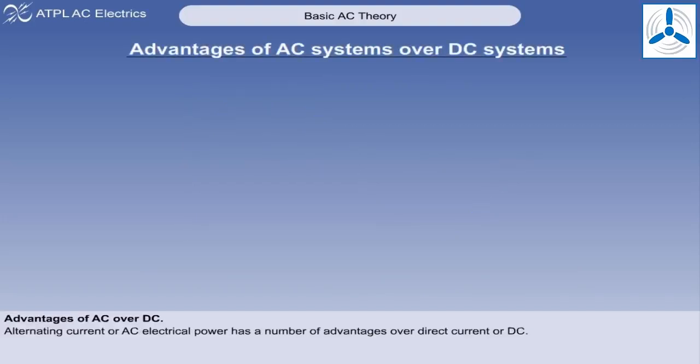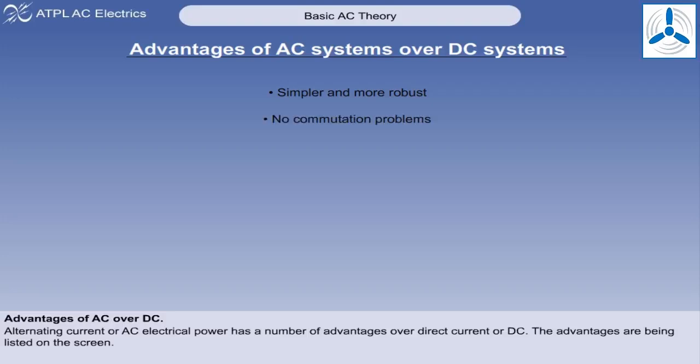Alternating current, or AC electrical power, has a number of advantages over direct current or DC. Some of these advantages are self-evident, but others will become clear as you move further into the subject. AC generators are simpler and more robust in construction than DC machines, because they do not have commutators, and only the light current field coil is rotating.